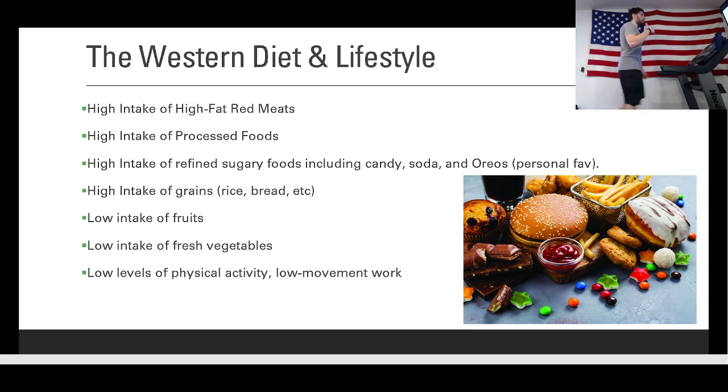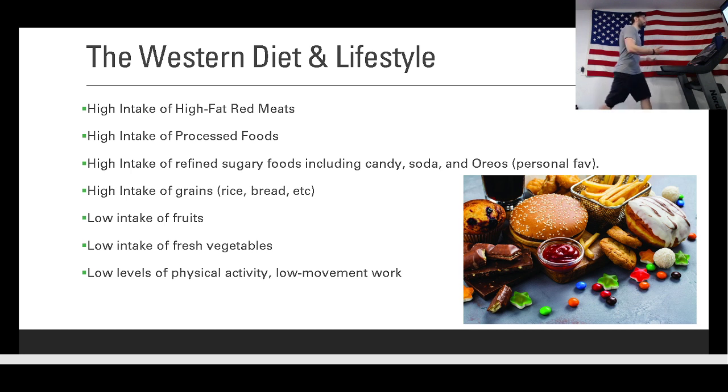You also have an intake of highly processed foods, and I'll get into what those are, but processed food is essentially when you take one item and it has to go through some type of chemical process in order to be turned into something else, right?